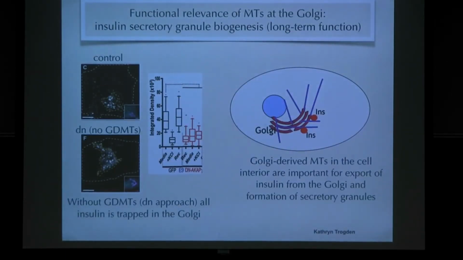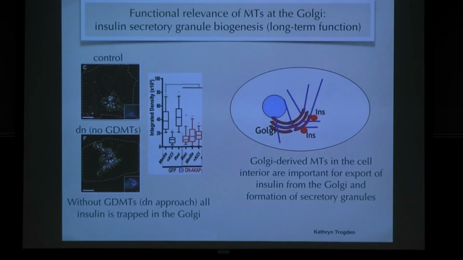Importantly, what Catherine also found out is that these Golgi-derived microtubules in the cell interior are important for formation of insulin granules. Budding of membrane vesicles from the Golgi can be microtubule dependent in some studied cell types, but in the majority of cell types it is not essential for formation of post-Golgi vesicles.